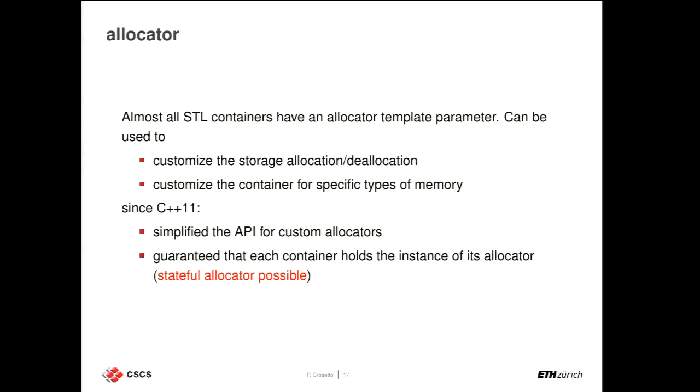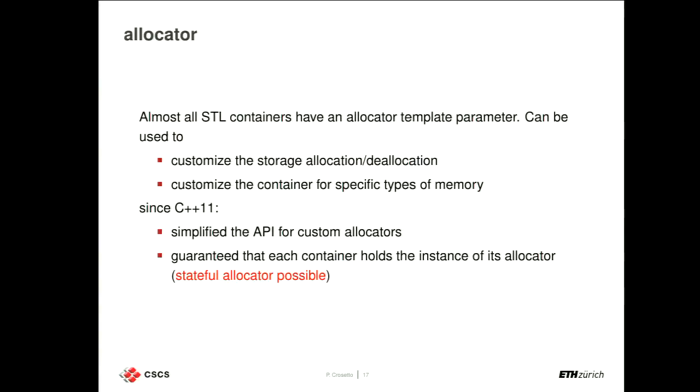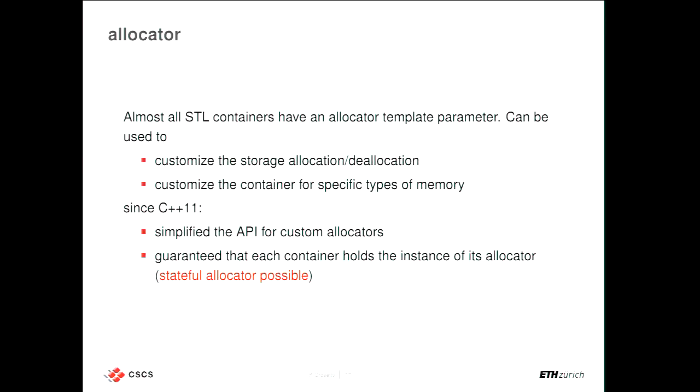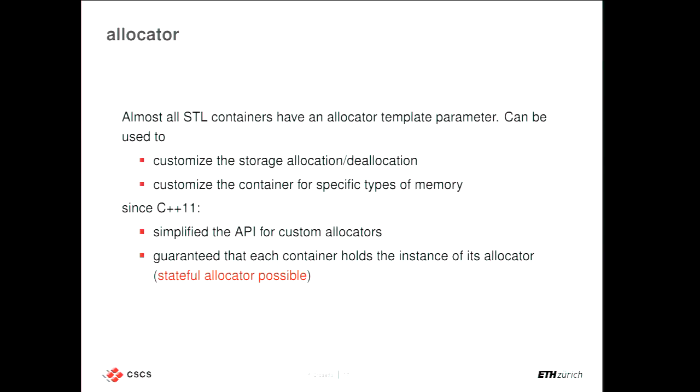So, allocator. Almost all STL containers have an allocator. One which doesn't have an allocator template parameter is the array, which is usually allocated on the stack. The allocator can be used to implement your own allocation and deallocation, for instance if you have specific memories, or you want to implement a vector for a specific type of memory.